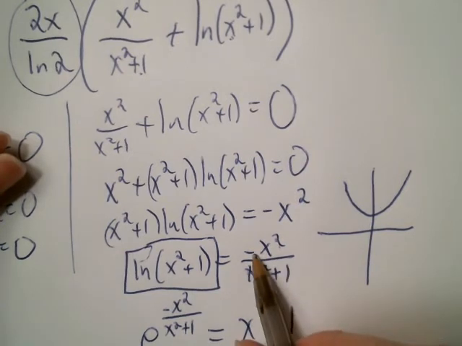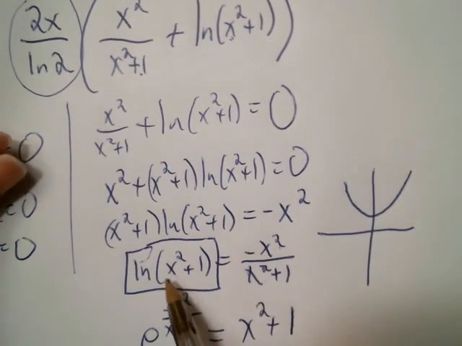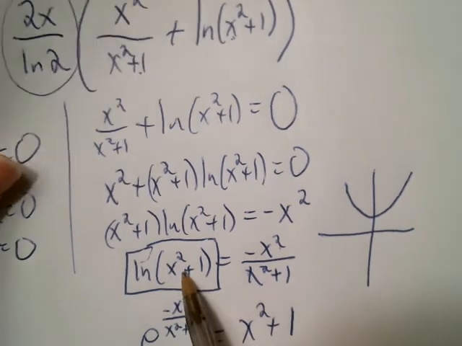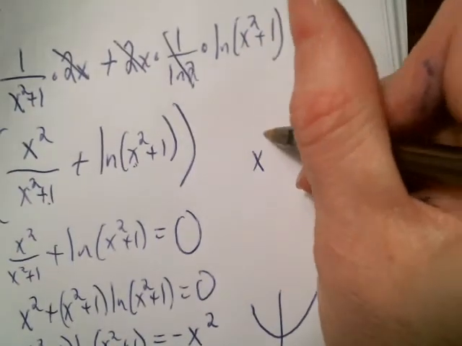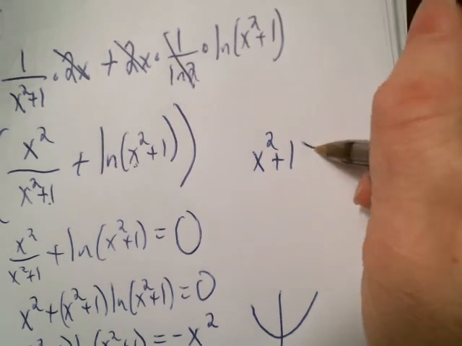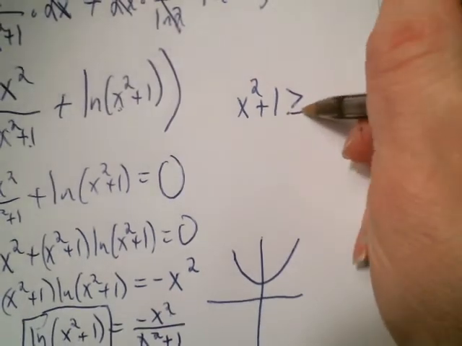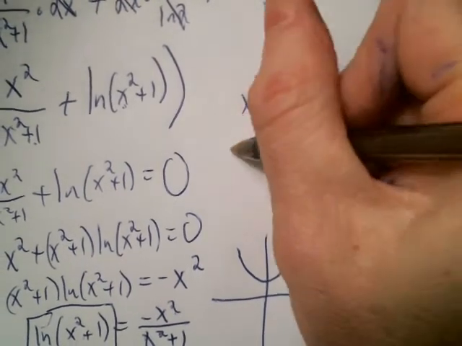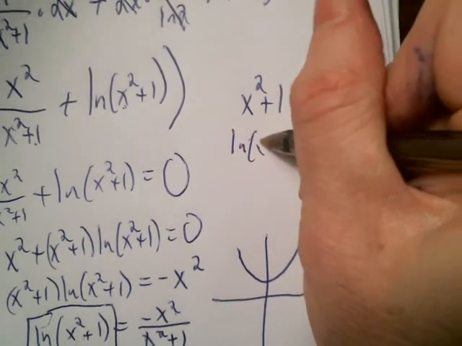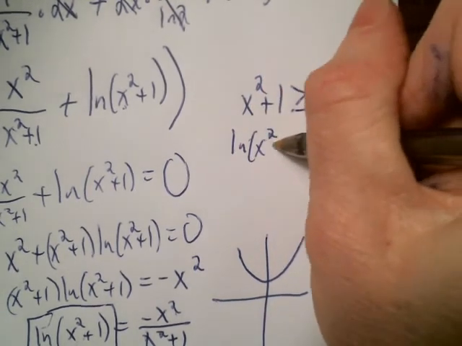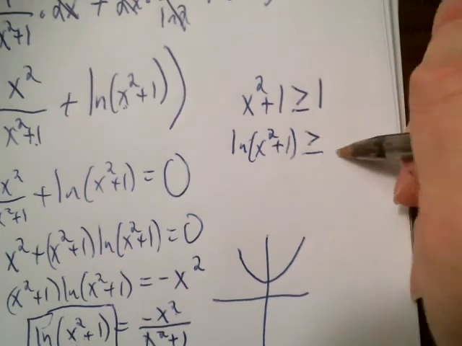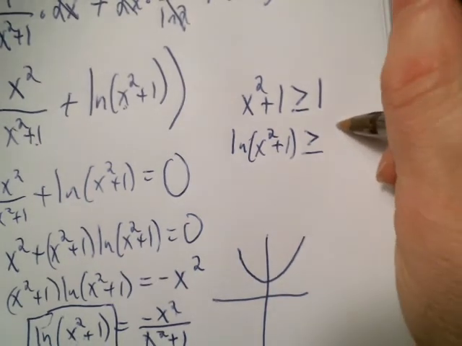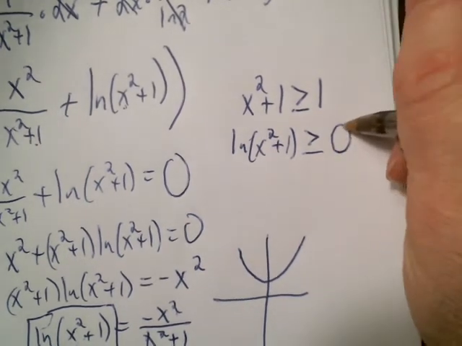And then if you put a negative in there, this is going to be negative. The ln of x squared plus 1, though, so if you have x squared plus 1, you know that's greater than or equal to 1. And then you can take the ln of both sides because of the kind of function this is. Greater than or equal to the ln of 1, and that's greater than or equal to 0.